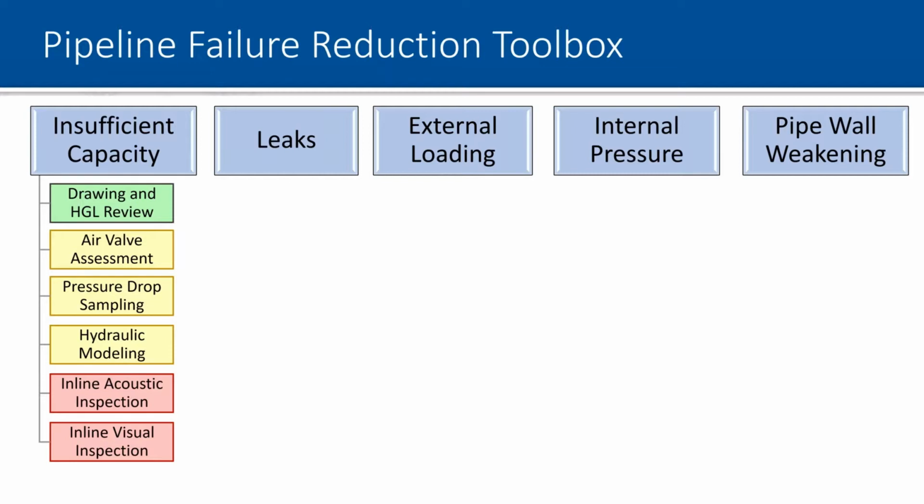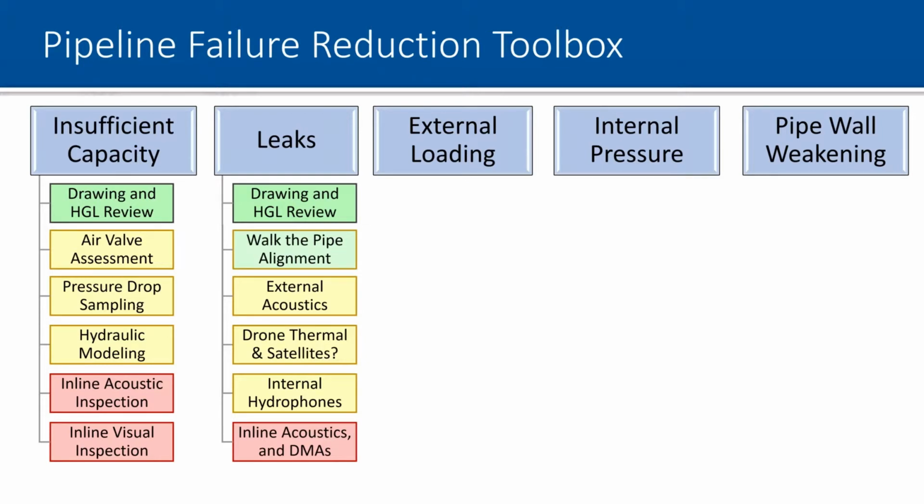Then it can move out into the field, looking at air valves, maybe doing some pressure drop sampling to see where these restrictions are occurring, perhaps some hydraulic modeling to figure out, is this pipe undersized? And then in red, taking the extra step of maybe doing inline acoustic inspection to find gas pockets, and inline visual inspection as well.